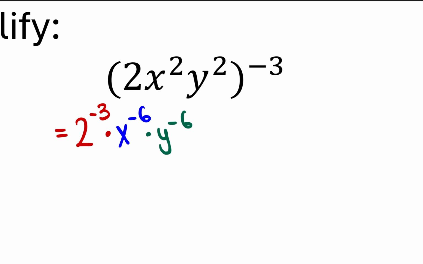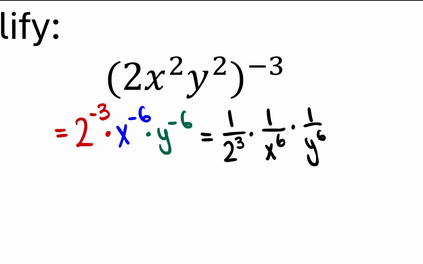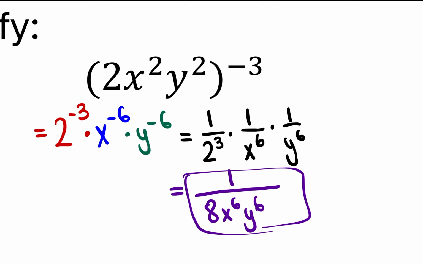And again, I cannot have negative exponents, so I will rewrite this to be 1 over 2 to the positive 3 times 1 over x to the positive 6 times 1 over y to the positive 6. And from there, I put all of this together. This is going to give me 1 on top. The 2 to the third turns into positive 8 times x to the 6 times y to the 6 as the final solution. Let's box it up.